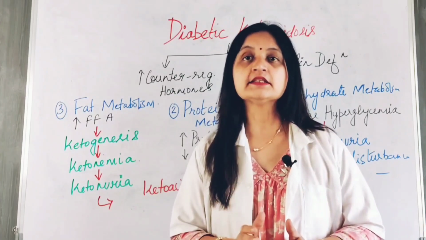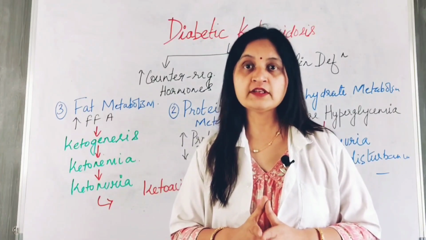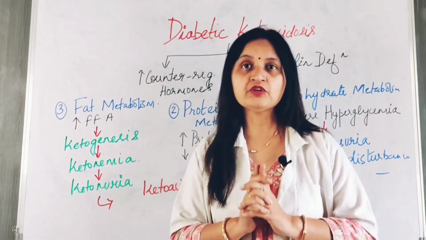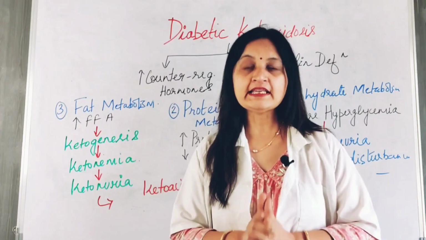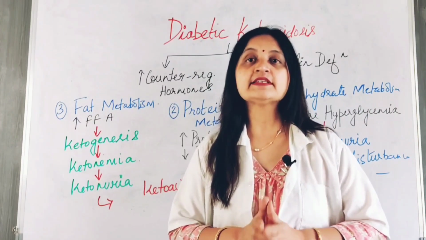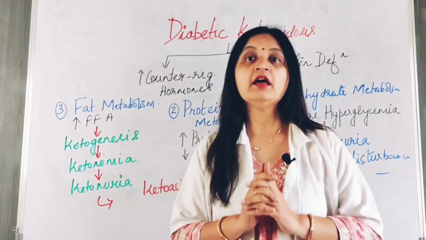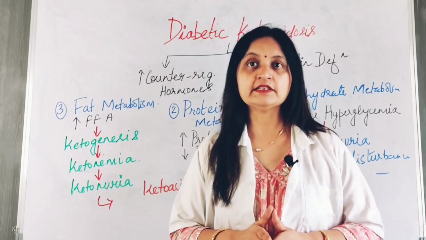So rise in the circulating levels of glucose because of gluconeogenesis and glycogenolysis together results in hyperglycemia, rise in the blood glucose levels.